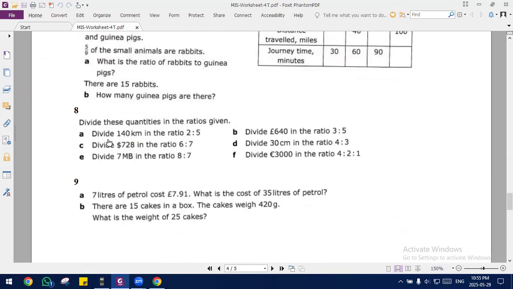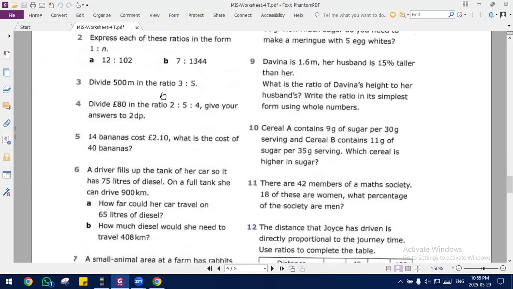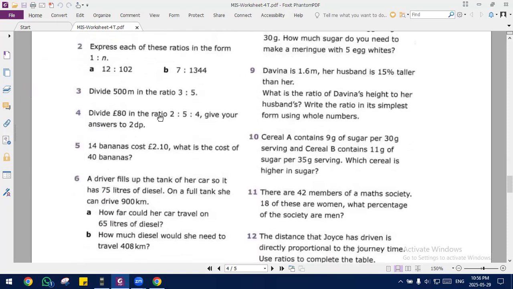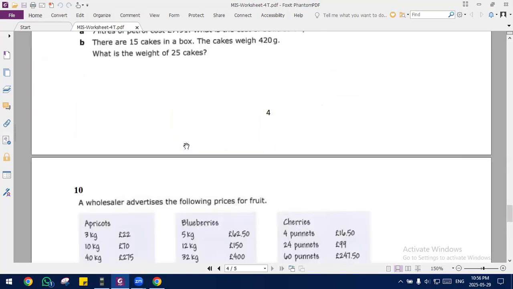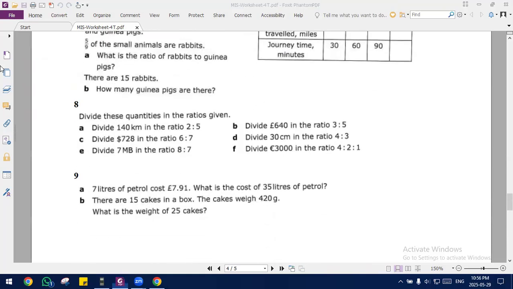Now question 8. Divide these quantities in the ratio given. So 140 divided by this. These questions, all of the divide ones, are similar to those two that I did, okay? Follow the same instruction. First, we add how many parts we have.